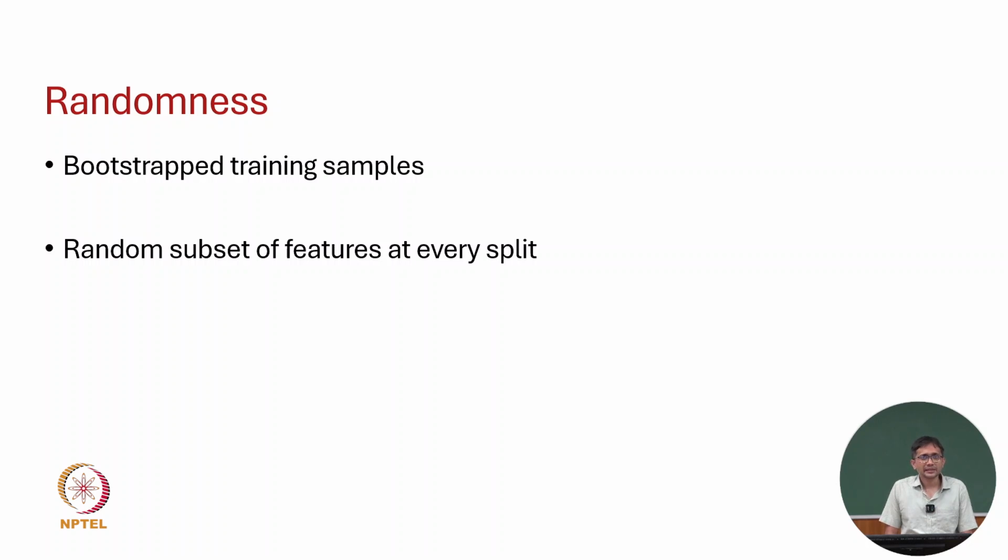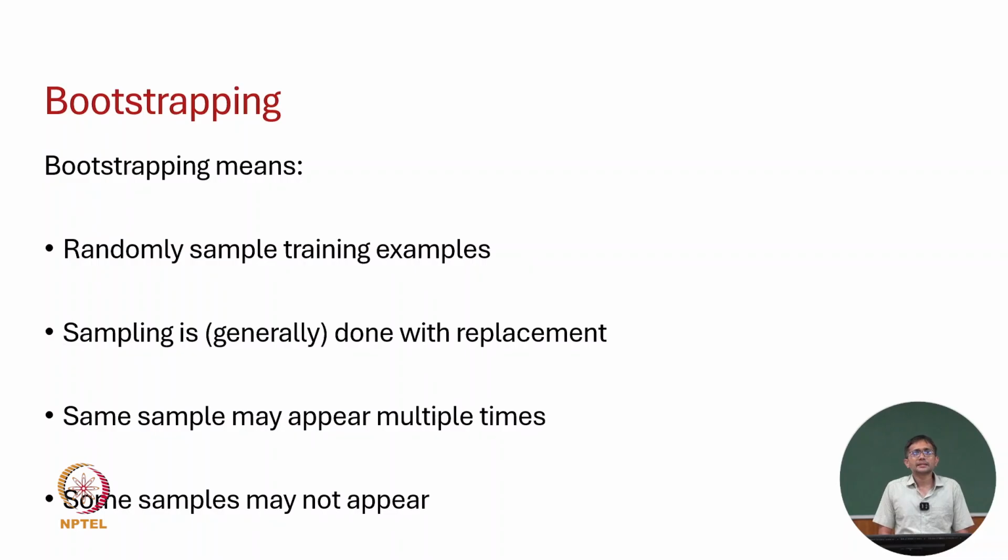Additionally, not just the training samples, a random subset of features is taken at every split. So let us go into both of these terms that we have used right now, and try to understand them a bit more.